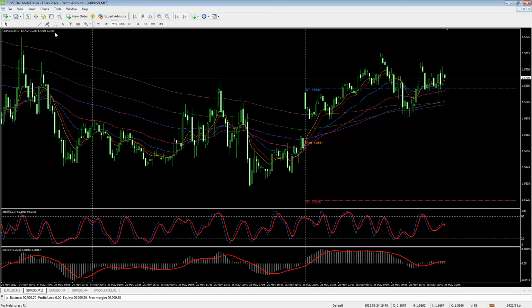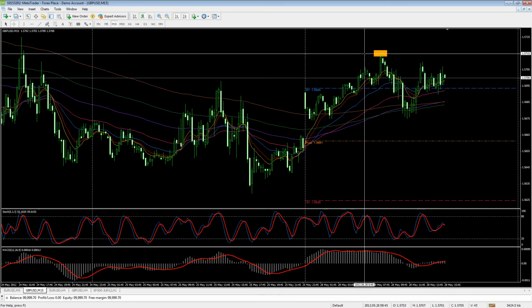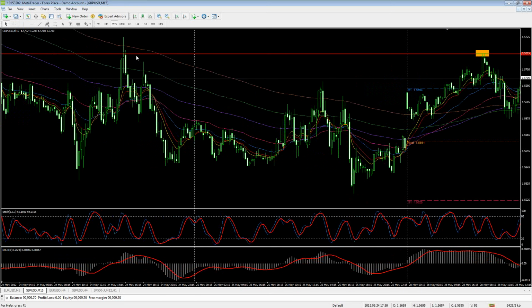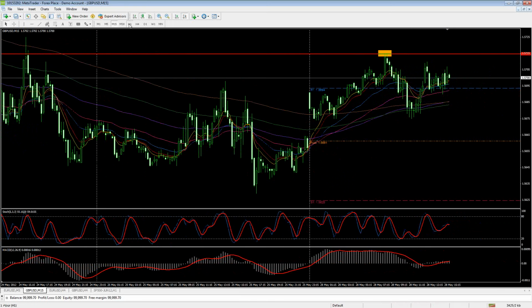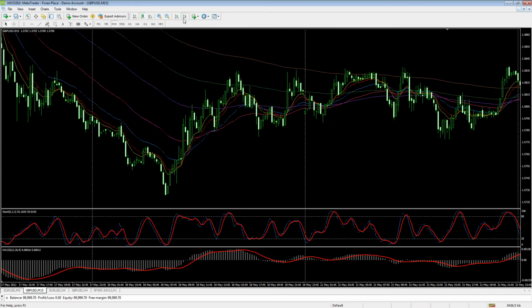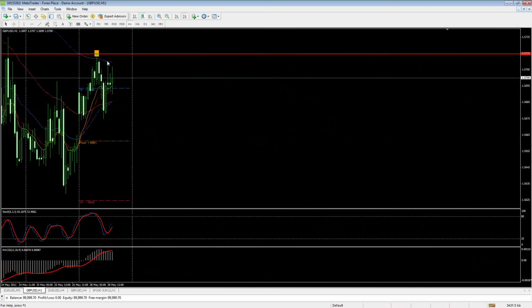For example, you can see here that on the 15-minute chart, the pound dollar stopped and found resistance. It may be because of the strong resistance here, and it may also be because of this 100 moving average.